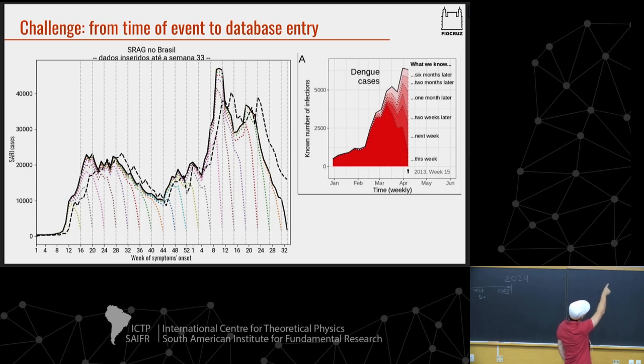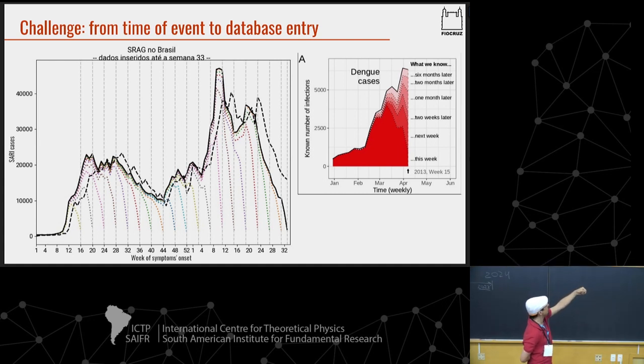The solid line is, again, the number of new cases per week after we have waited long enough for the data to be inserted into the database, so it's the ground truth, let's say. And each of those dotted lines is the same information when the week ended, the last week ended, 1 week later, 2 weeks, 1 month, 2 months.